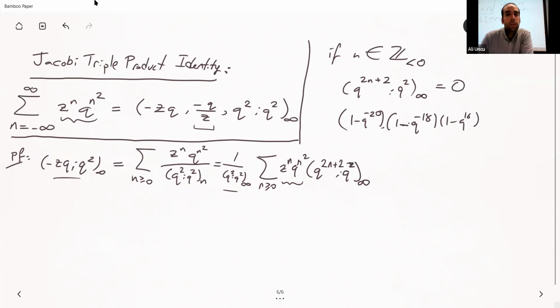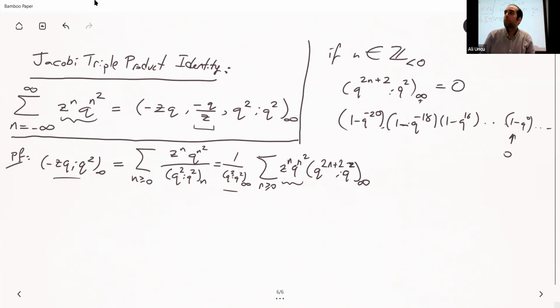And I will do this addition infinitely many times. So if I start with a negative n, I think it is fair to say that I will reach 1 minus q^0 at some point. 1 minus q^0 is going to be 0. It is going to just swallow everything up, right?